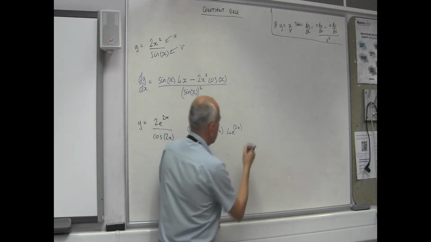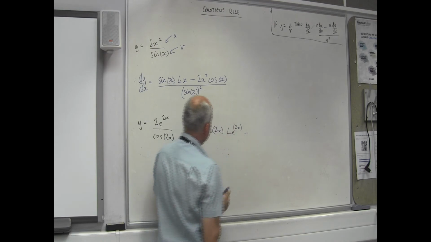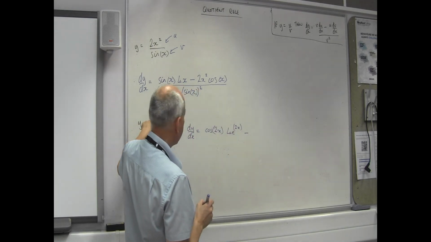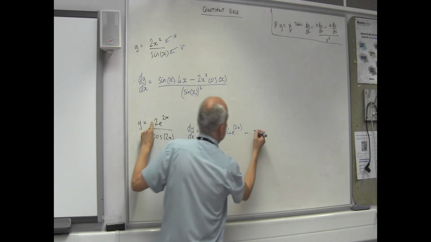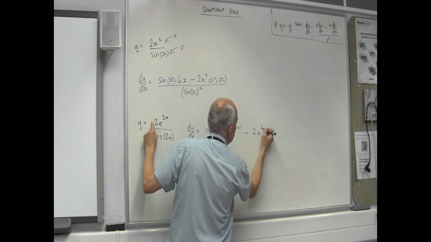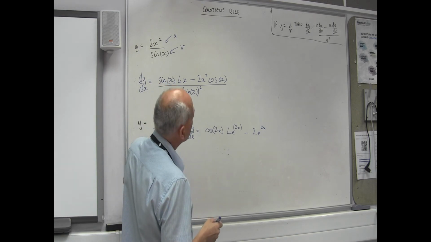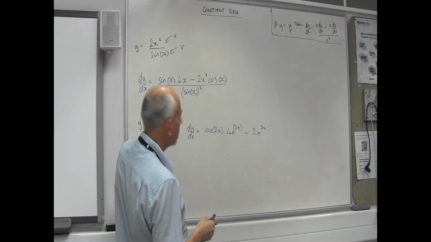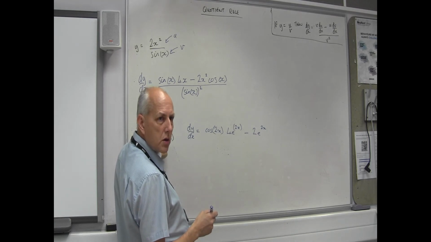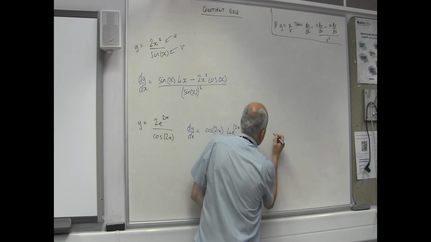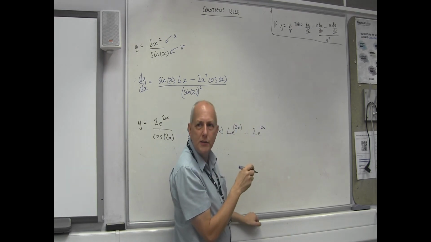So minus sign next, and then we've got the u as it comes, so that's that bit. Nothing done to it. Times the derivative of cosine 2x, which is minus 2 sine 2x. And what do I need to do because it's got a minus sign?